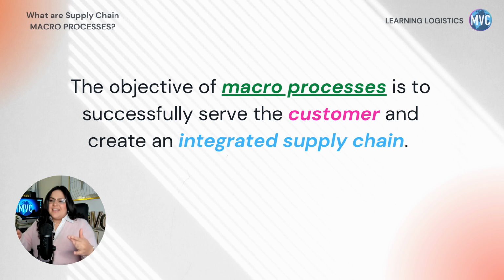Now, we also want to, at the same time, create a supply chain structure that's integrated. What does that mean? That it comes together and it makes sense in the way that it comes together.